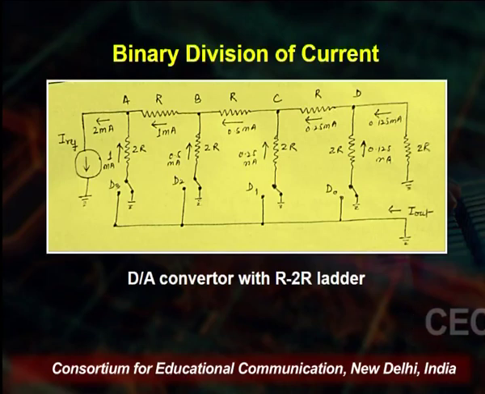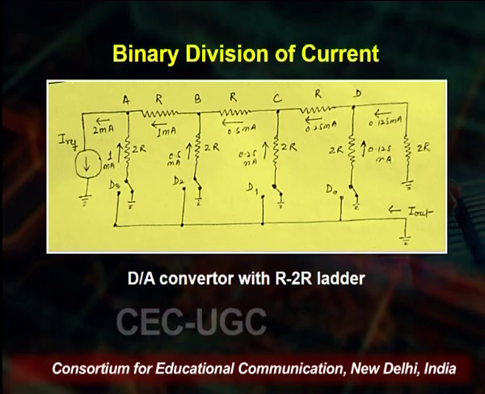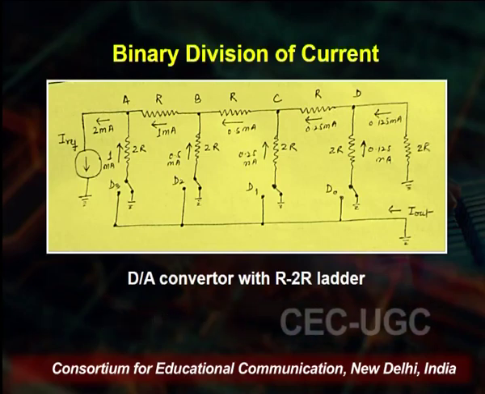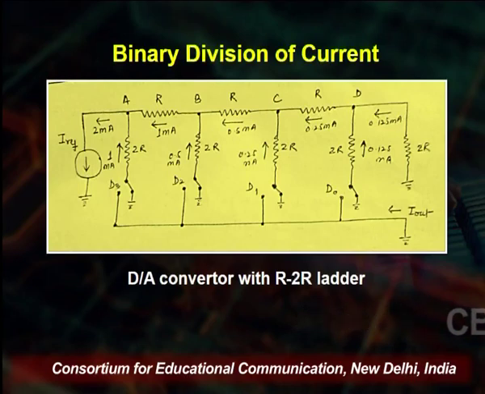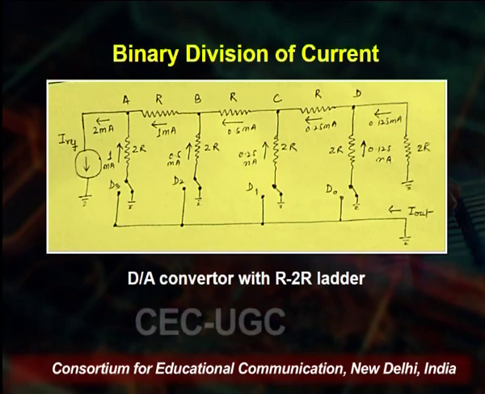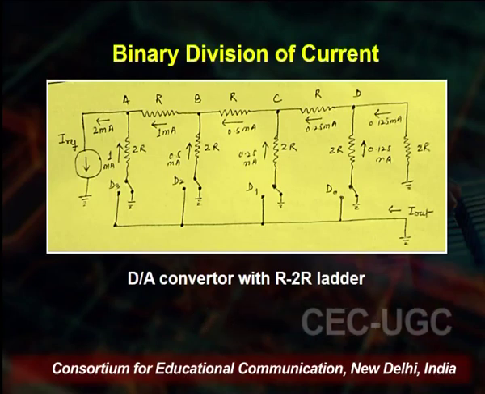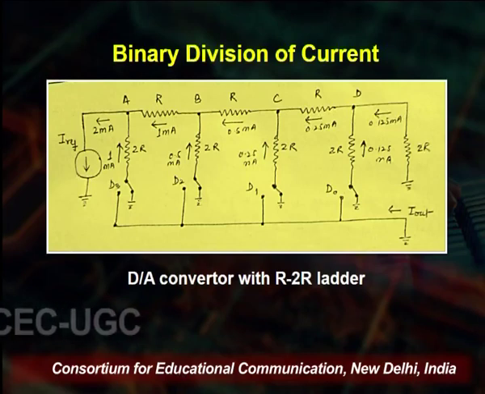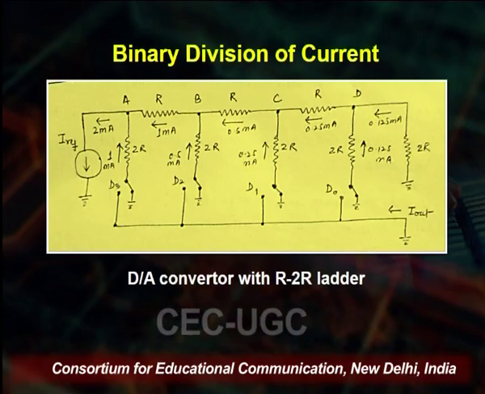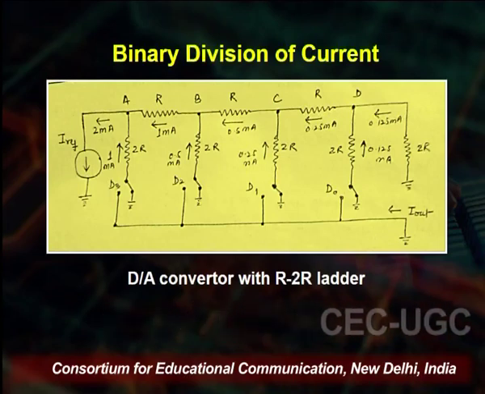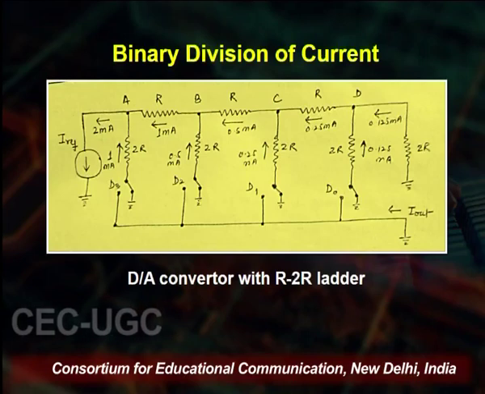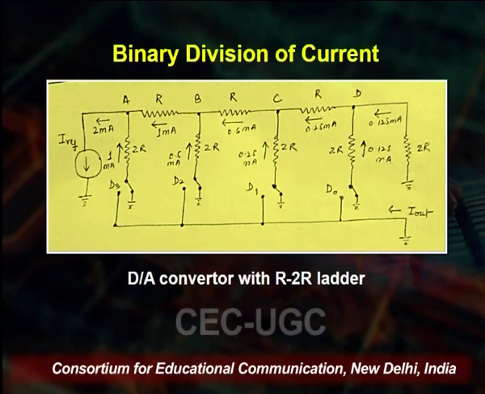Here also the tolerance will not matter that much as in the previous case, and since we are not using a whole range of resistances, tailoring this circuit for personal use becomes much easier. Hence, for all practical purposes, the R2R ladder network DA converter is preferred over the binary weighted resistance DA converter.